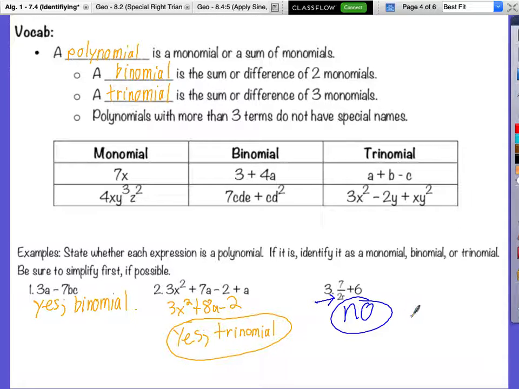So I'd be like saying, this is the binomial and this is the trinomial. They're both polynomials, just like Josh and Owen might both be basketball players, but they're different positions. One's a binomial here, one's a trinomial here. But me, I'm not even a basketball player, so I can't even be classified into any of the positions. Does that make a little more sense, maybe? Okay, questions on this before we move on to right below this?